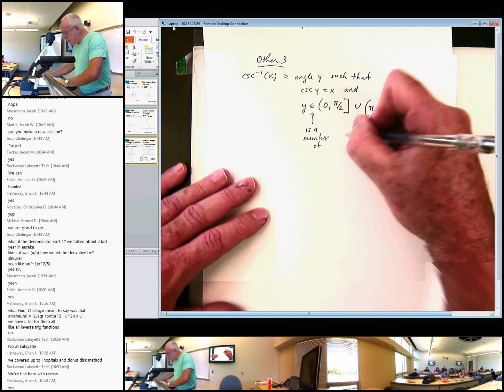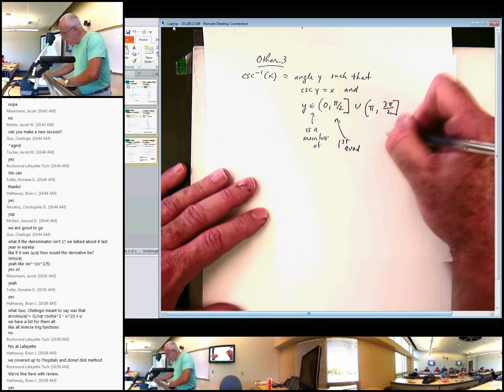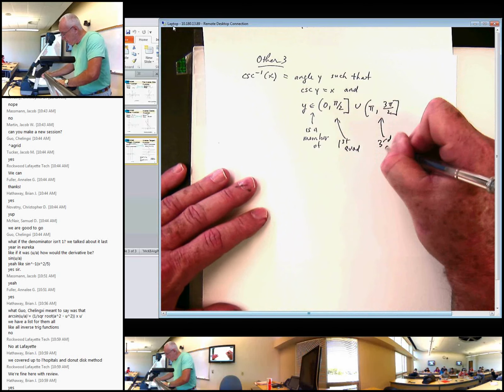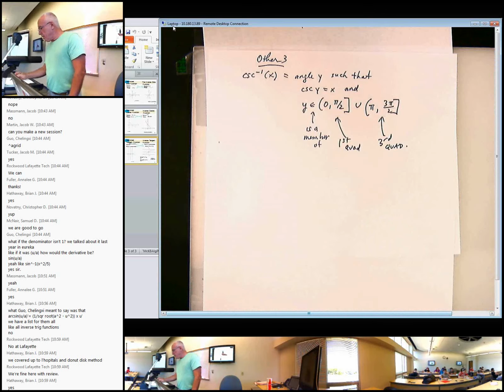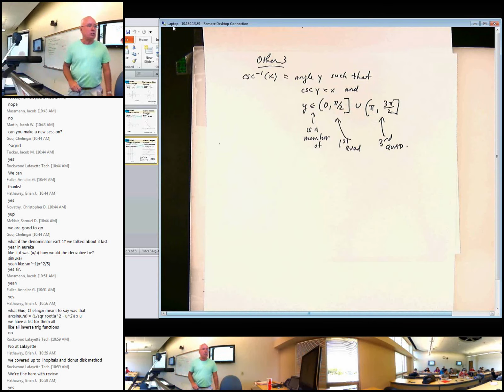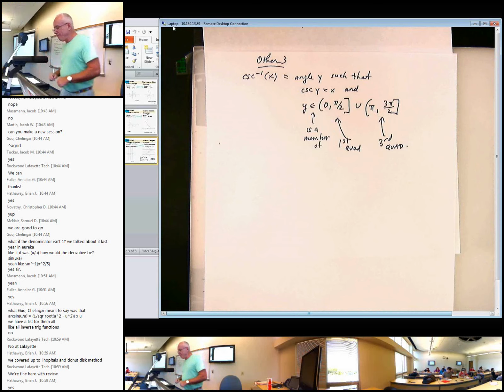This is basically the first quadrant and this is the third quadrant. But notice we have 0 and pi are excluded because those would cause the denominator to be 0.